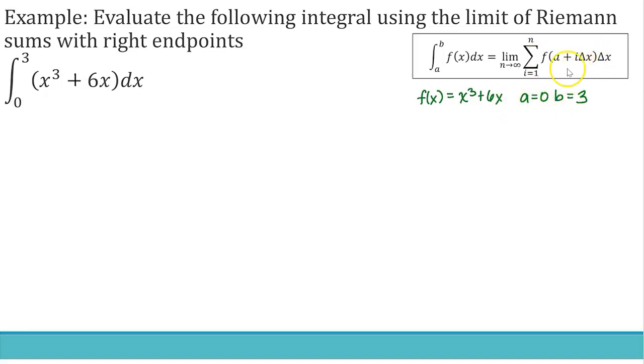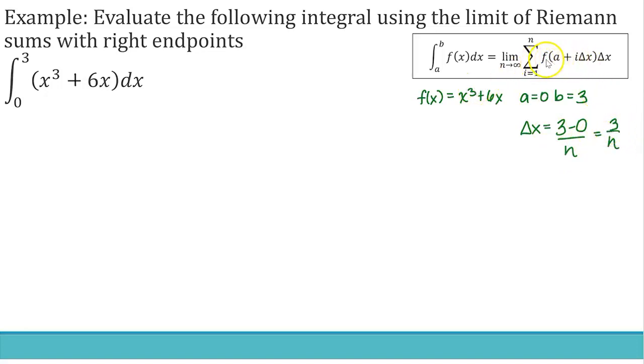All right, so a is 0, so that's nice. How do we go about finding delta x? Well, delta x had a formula. It was b minus a over n. So we have 3 minus 0 over n, which is just 3 over n. So there's my delta x.